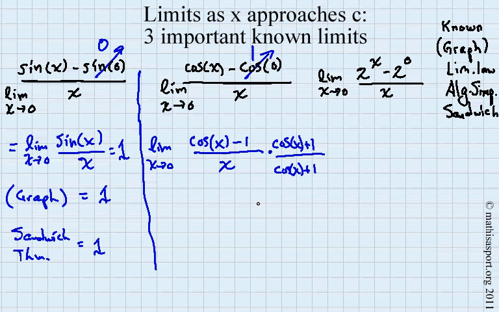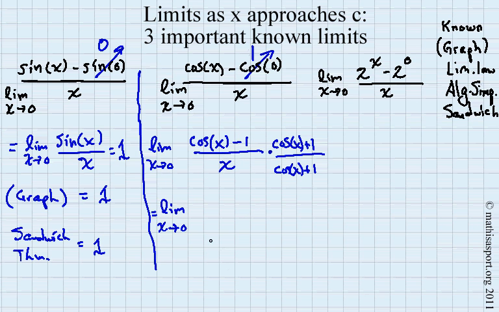Now, if you ask why I did that, it's because I saw a difference of squares pattern that was possible. But that's probably not something you would have guessed right off, so I wouldn't feel bad about that part.